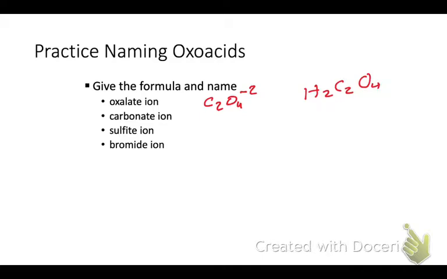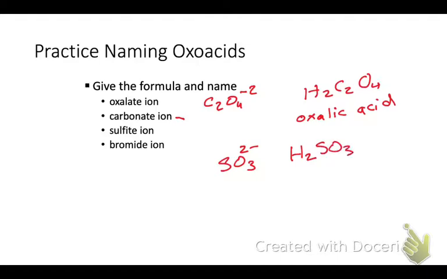Oxalate ends with ate, so the name of the acid will be oxalic acid. Okay? Now, carbonate, I just did that in the previous slide. Sulfite is SO3 -2. To make an acid, you're going to have to add 2 hydrogens to balance the -2. H2SO3. Because it's ite, it will be sulfurous acid.